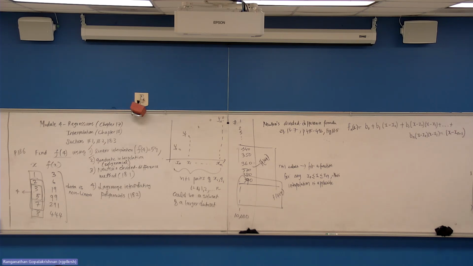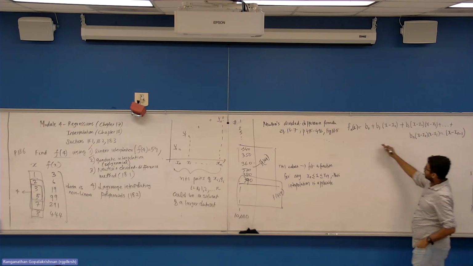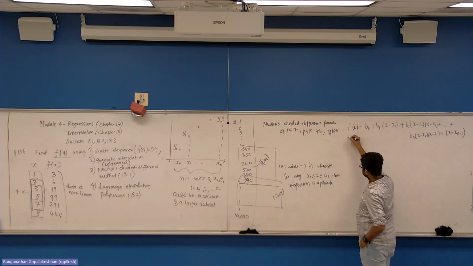This is the formula. This formula is applicable for any x between x naught and xn.